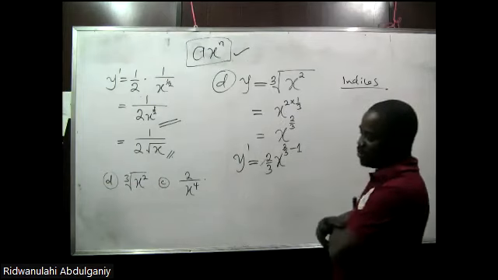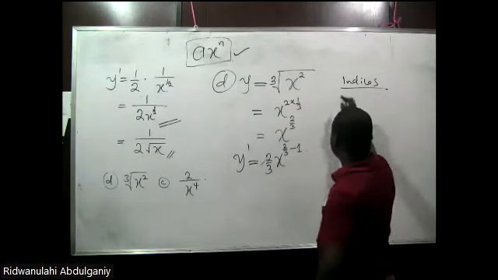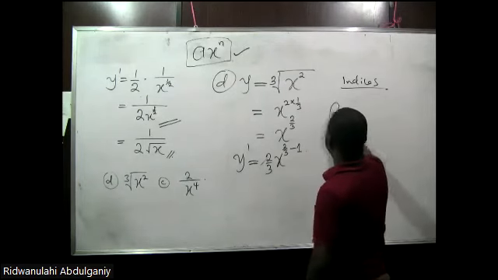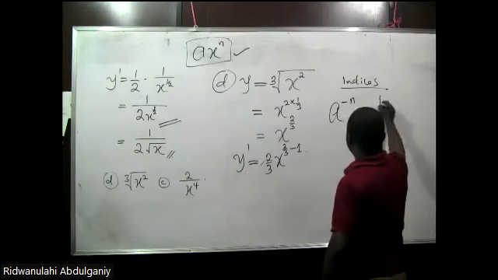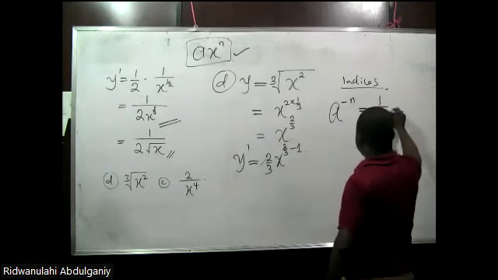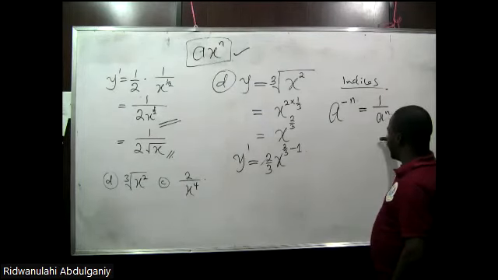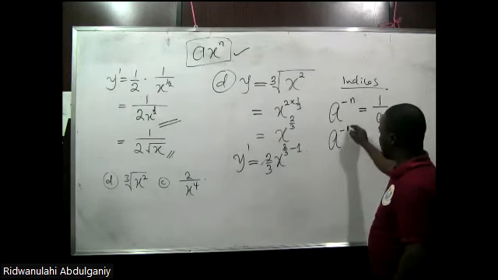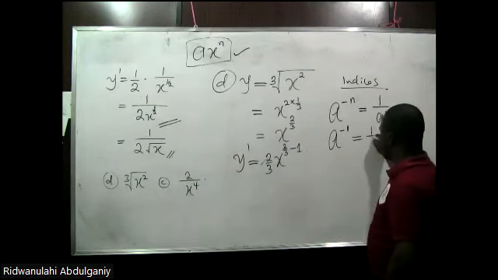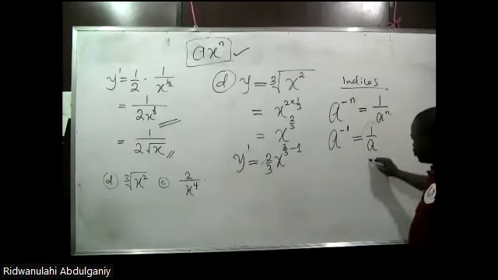The law that I'm using is that a raised to power minus n is 1 divided by a raised to power n. This is a general law in indices, which says that a raised to power minus 1 is 1/a. If the question comes in this form, you change it to this form.